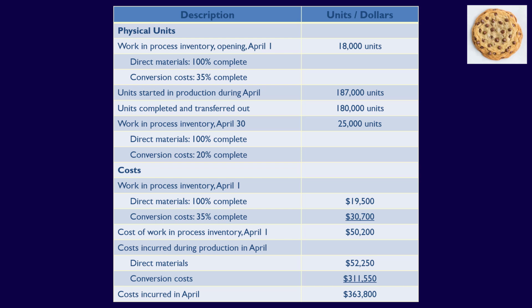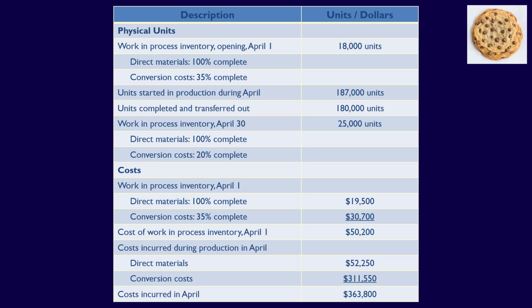Direct materials, $52,250. Conversion costs, $311,550. Total costs incurred in April is $52,250 plus $311,550, which is equal to $363,800.